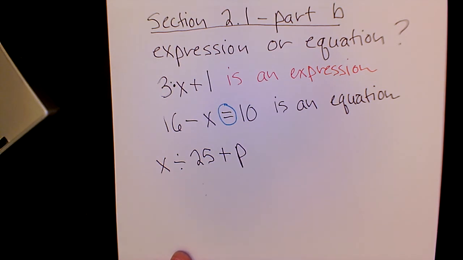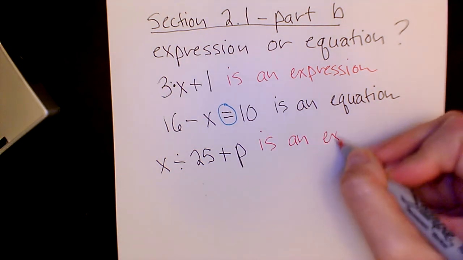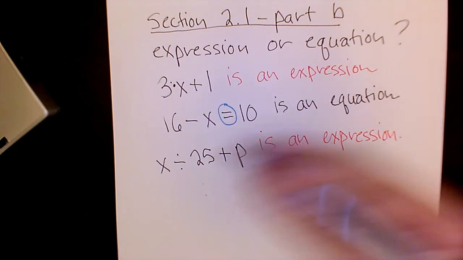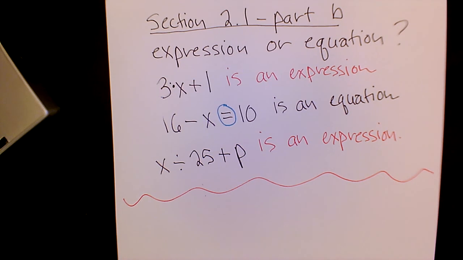I don't see an equal sign. So I know it's an expression. If you're still confused on that, just let me know, send me an email, and I can do some more examples for you if you want, no problem.